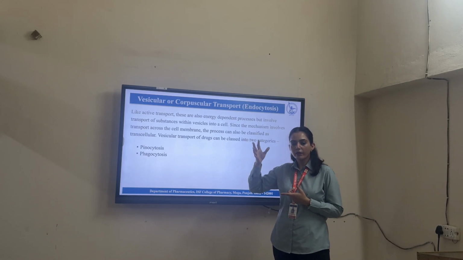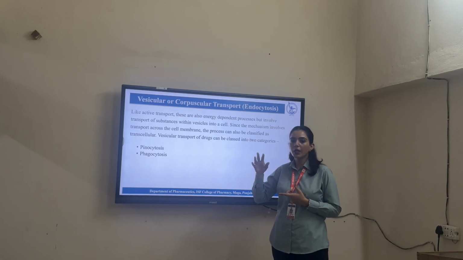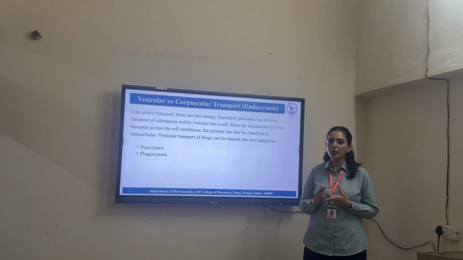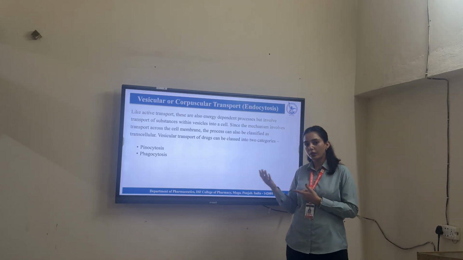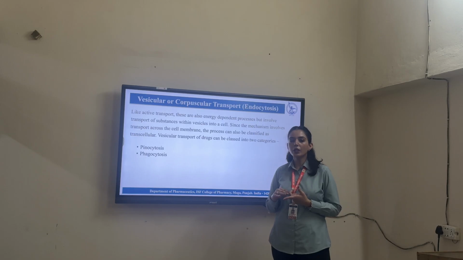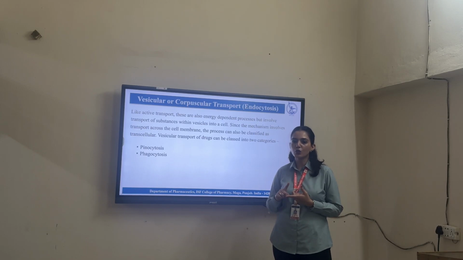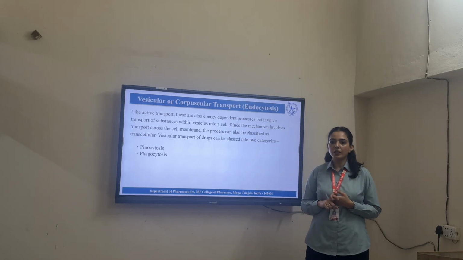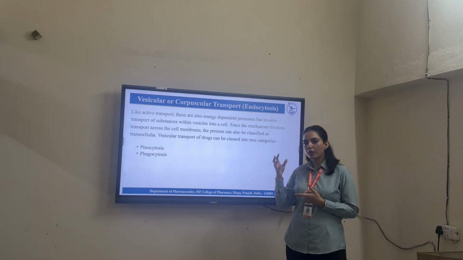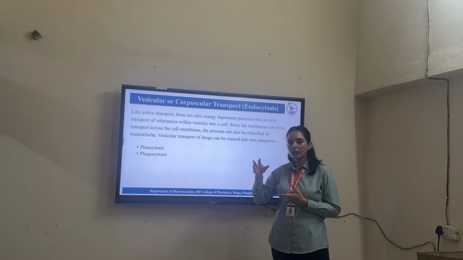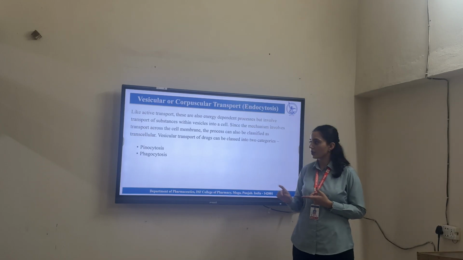It involves the vesicular sac, with which the drug can be enveloped and cross the membrane, and the drug can be in solid form or liquid form. If the drug is moving in liquid form within the vesicle, it is known as pinocytosis. And if the drug is moving in solid form within the vesicular sac through the membrane, it is called phagocytosis.